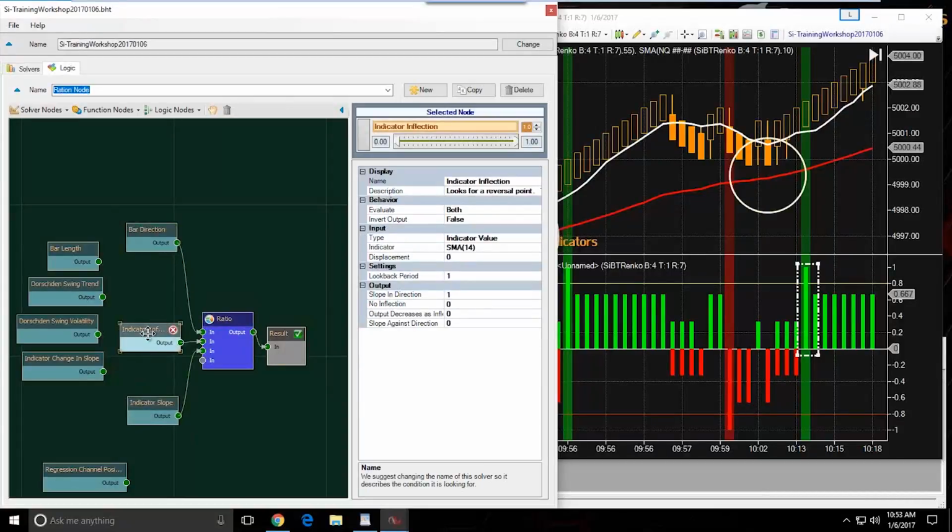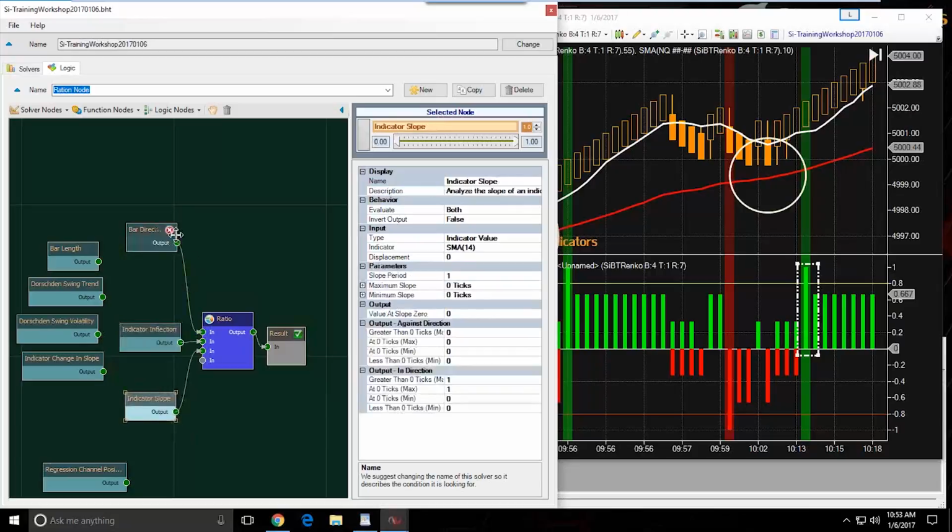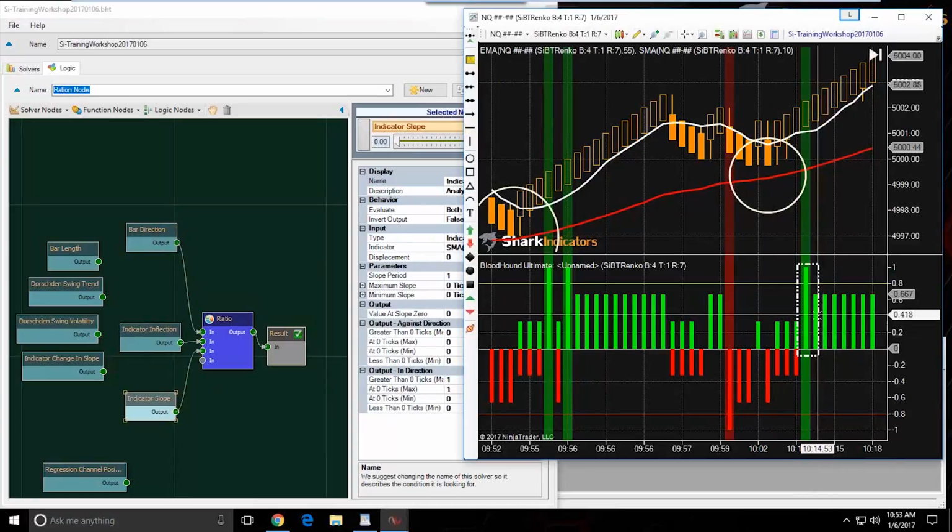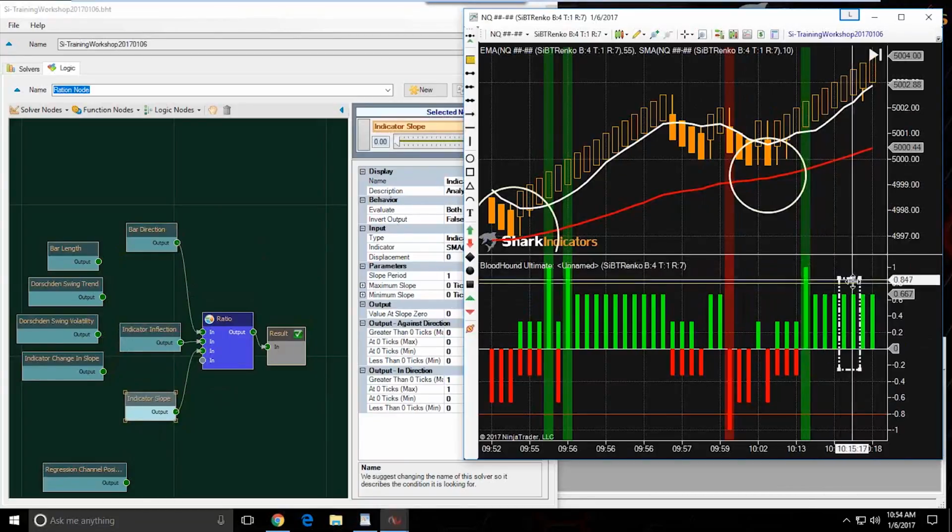They're each going to be worth a third, or 33%, and basically it's just going to add them together and create an output for you. So here we go. Again, all three solvers are giving a long output, so we have 100% on long.